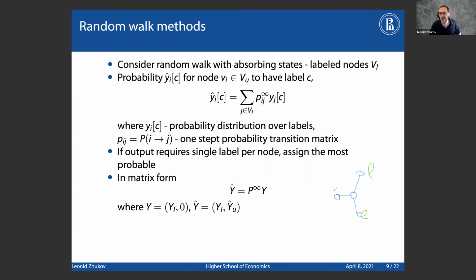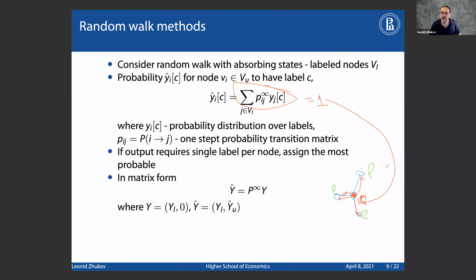Then we start a random walk from here, one step, it's absorbed, another random walk, it's absorbed, another, it's absorbed. So pretty much all the random walks that start at this node get absorbed on green nodes. Then this sum will come out to 1, and the probability of the central node to have green label is 1.